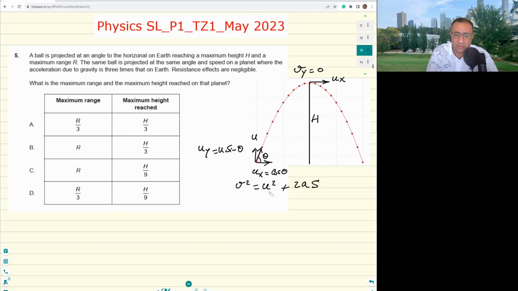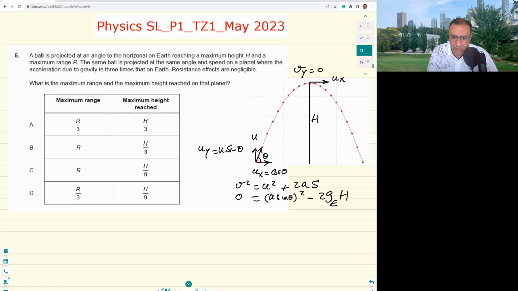At the maximum height, I'm going to replace v by 0. Now u, the vertical initial velocity, is u sine theta in this case, all to the power of 2. The acceleration here is g, and it is negative because going up against gravity. So basically negative 2 g sub e, I'm going to call it, times s, the vertical displacement, h, as the problem calls it.